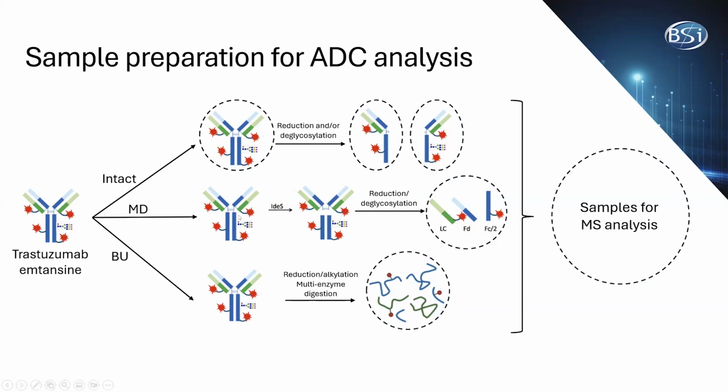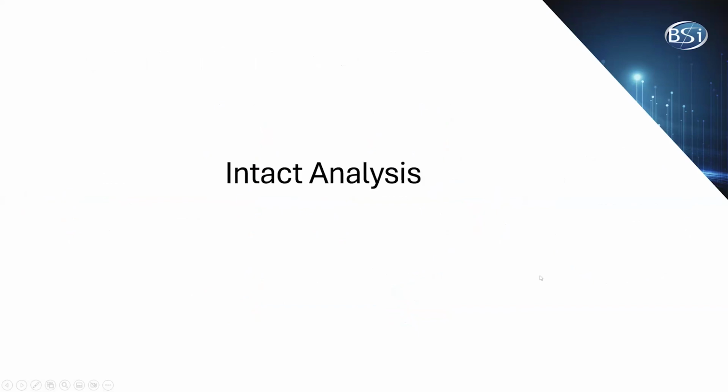For top-down or middle-down, we treat it with IdeS, which cuts at the hinge region, releasing the Fc, the constant region, and also perform reduction and deglycosylation prior to running it on the mass spec. And the bottom-up is a multi-enzyme digestion method after performing reduction and alkylation, and then running these products on the mass spec.